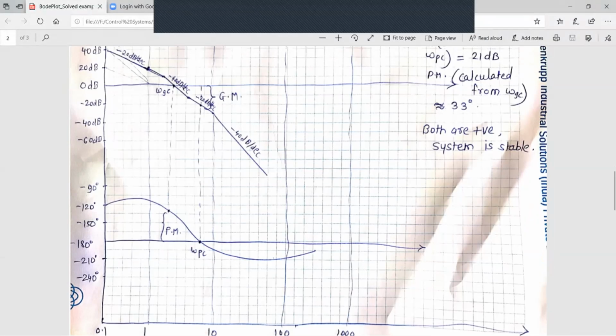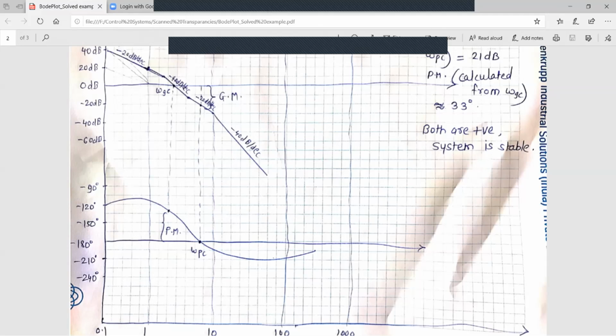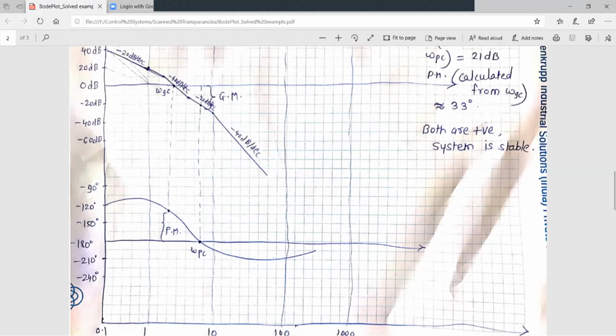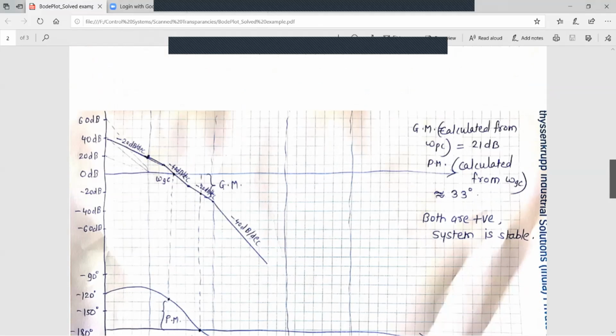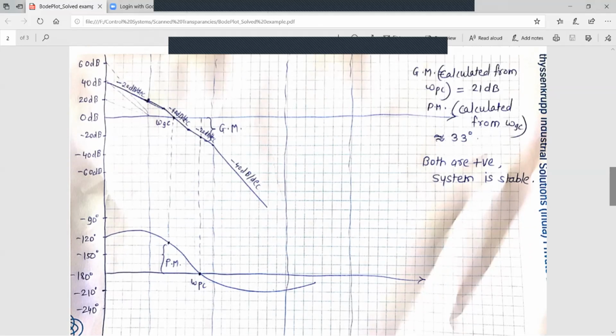Now, what we are supposed to do here is find the gain margin and phase margin. Before that, we need to identify omega GC and omega PC. For these, we need to remember the definitions of both. Gain margin and phase margin are calculated from omega GC and omega PC.